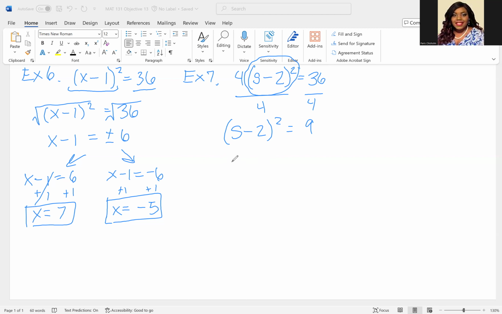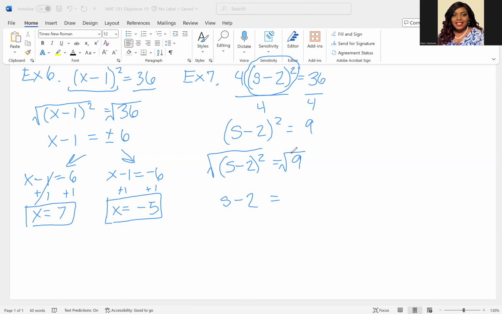So now we can take the square root of both sides. So I'm going to rewrite it and then take the square root of both sides. When I take the square root of (s − 2)², the s − 2 is going to come out.